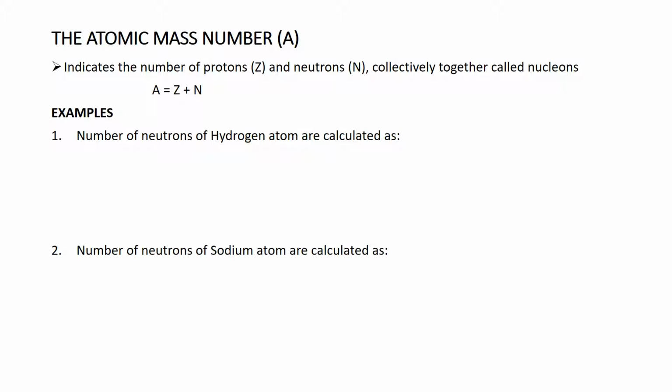Let us now look at how to calculate the number of neutrons in atoms. We know that in the periodic table we get the number of protons, and we're also given the atomic mass number. So how do we then get the number of neutrons from the atomic mass number and the atomic number?